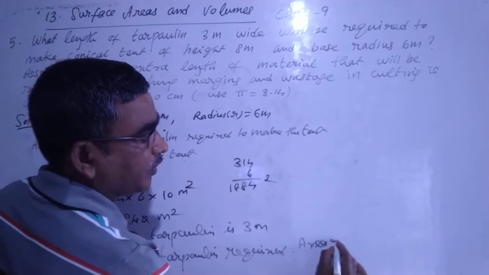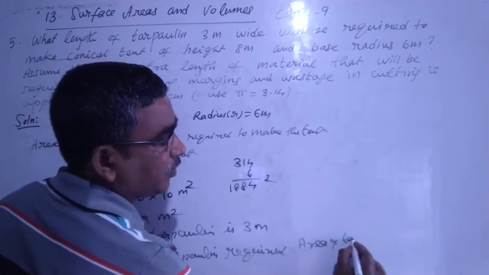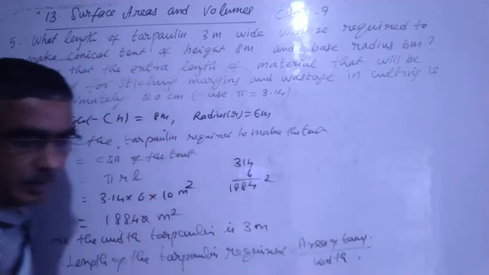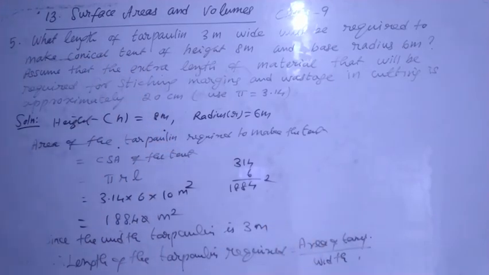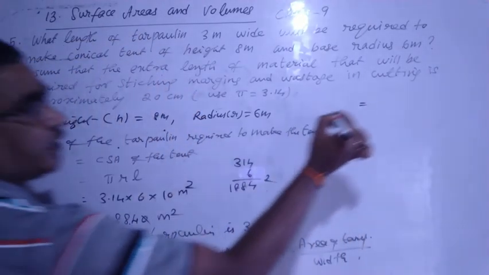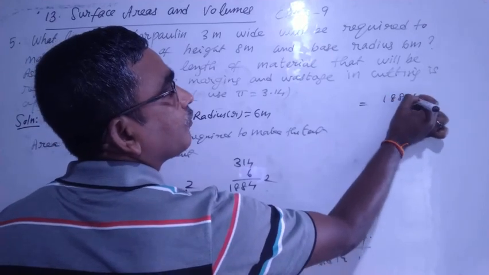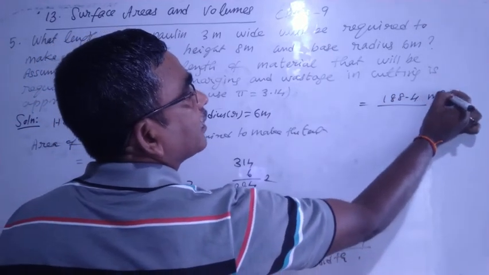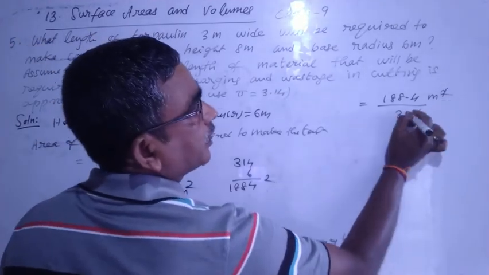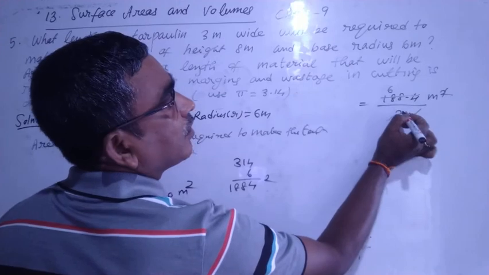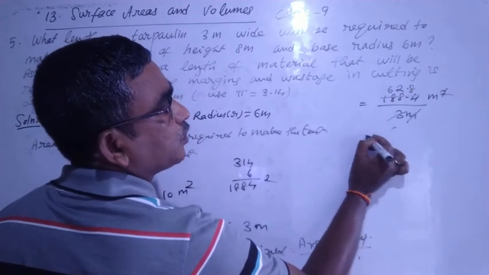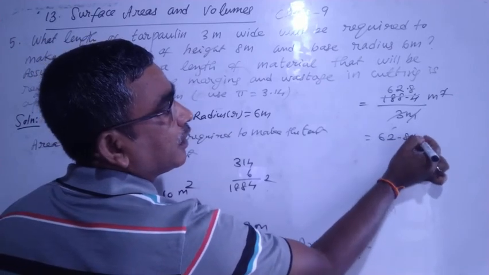Area of tarpaulin divided by width of the tarpaulin. Area is 188.4 meter square divided by width 3 meter, already given. So meter cut off. 3 ones are 3, 3 sixes are 18, 3 twos are 6 and 2 is 24, 3 eights are 24. 62.8 meter of canvas is required.